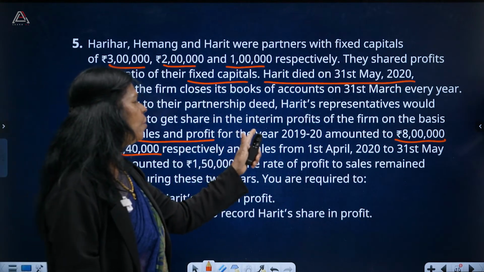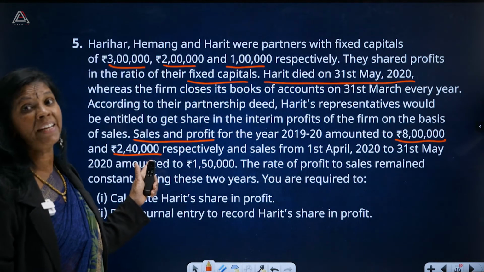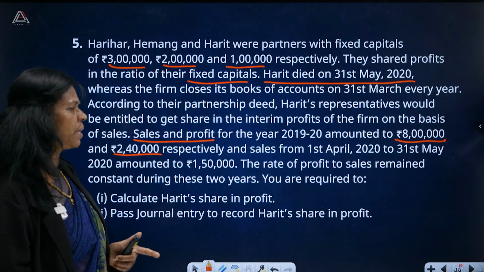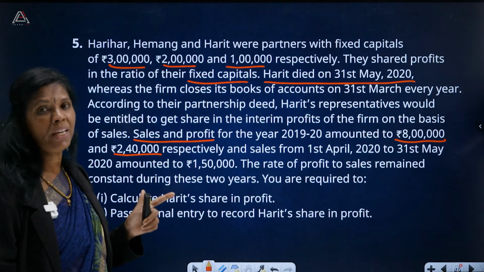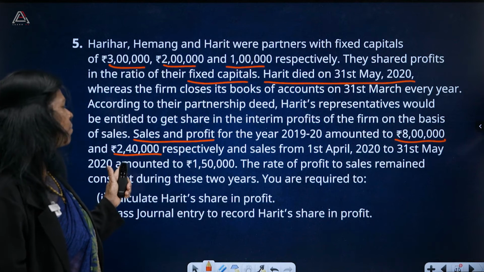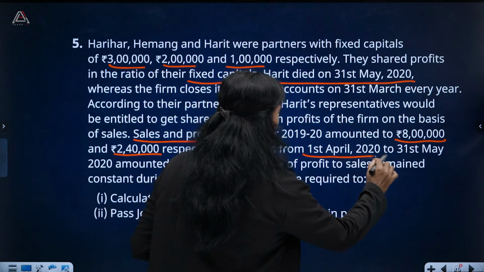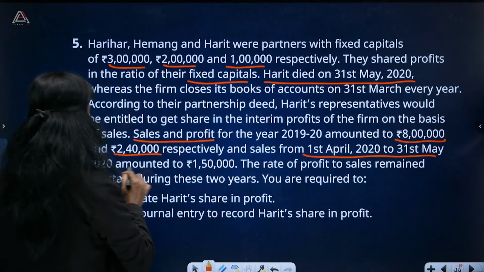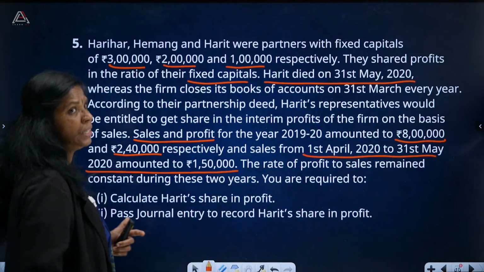Sales and profit for the year 2019-20 amounted to rupees 8 lakh and 2 lakh 40,000. And sales from 1st April 2020 to 31st May 2020. This is the period after closing till the date of death of Harith.